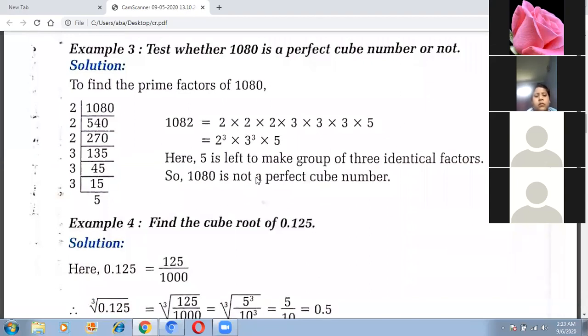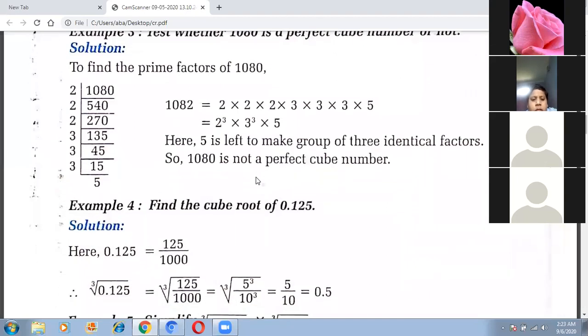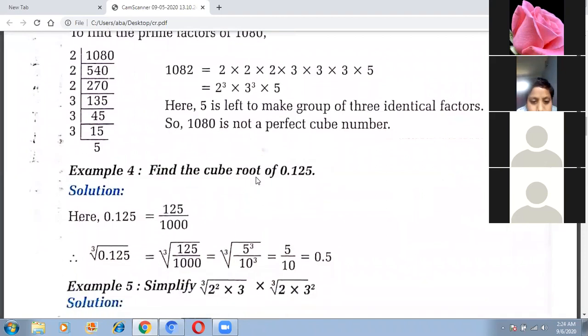Now example number 4 is find the cube root of the decimal number 0.125. While finding the cube root of a decimal number, first you have to convert the decimal number into a fraction. 125 divided by 1000.